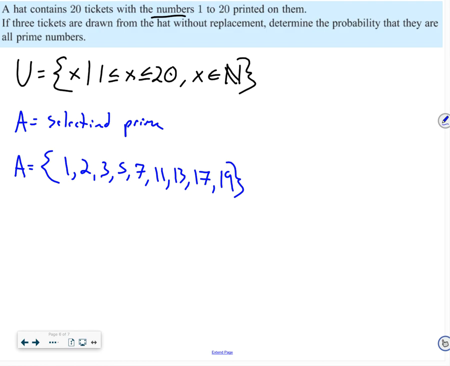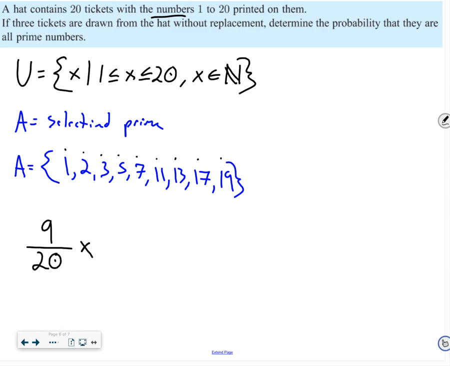So if 3 tickets are drawn at random without replacement, determine the probability they are all prime numbers. For our first ticket chosen, we have 20 tickets to choose from. How many prime numbers do we have? We have 1, 2, 3, 4, 5, 6, 7, 8, 9. So you have a 9 out of 20 chance of picking a prime number.